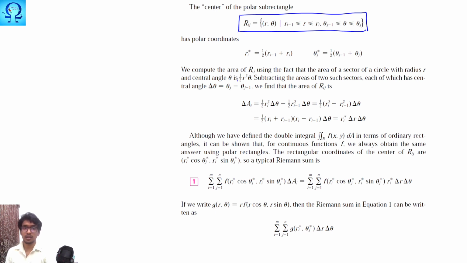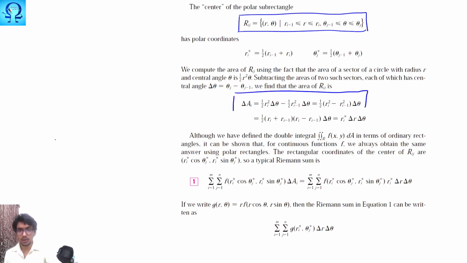In order to find the area, you have something like this, right? What we do is first calculate the total area, without considering this one, then we calculate this area. From the total area we subtract this one, so we get the required area of the polar rectangle. This is how we do things.